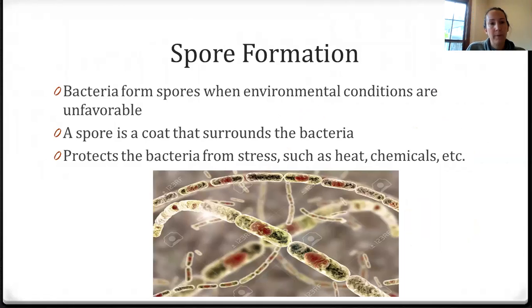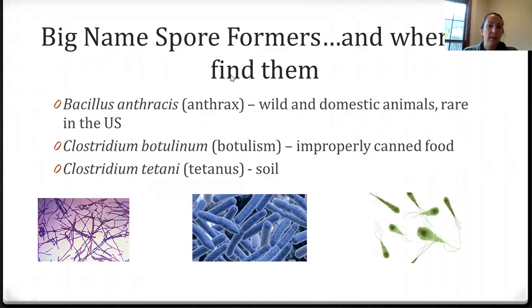All right, spore formation. Bacteria form spores when environmental conditions are unfavorable. A spore is a coat that surrounds the bacteria. It protects the bacteria from stress like heat and chemicals. All right, so big name spore formers and where you might find them.